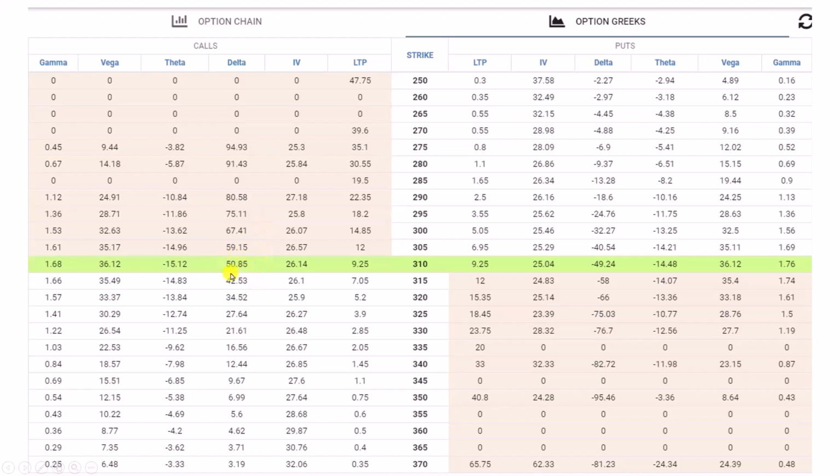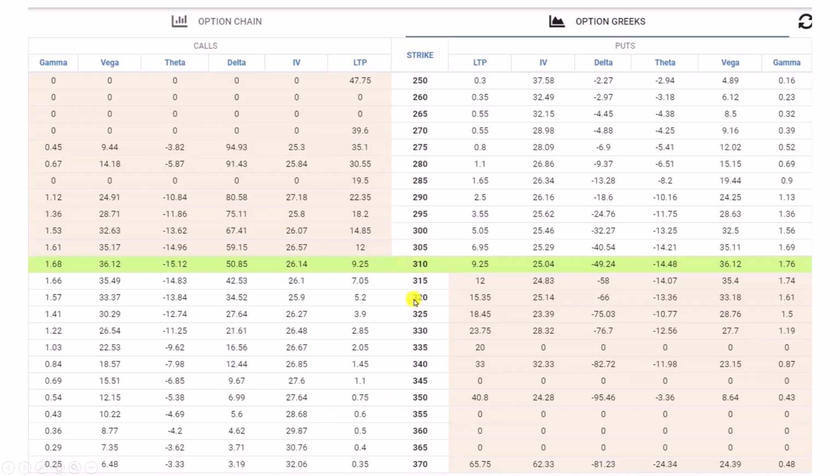Delta. So you can see for the strike price of 310, I have a delta value of 50.85. Now why do we need to learn about delta? You see, when you start trading, the main decision that you need to make is to select the strike price, correct?